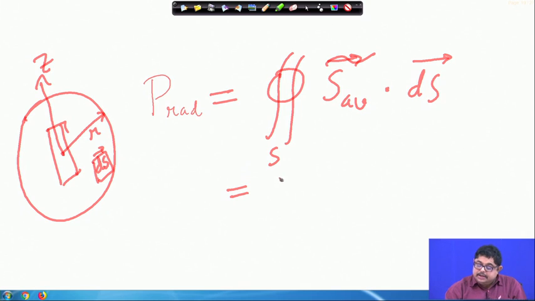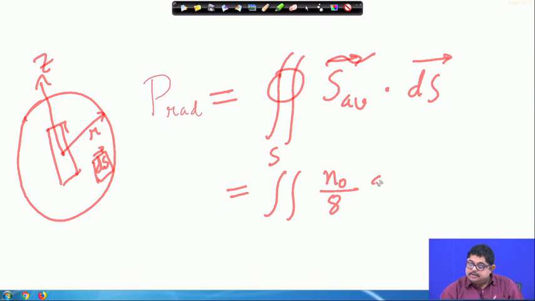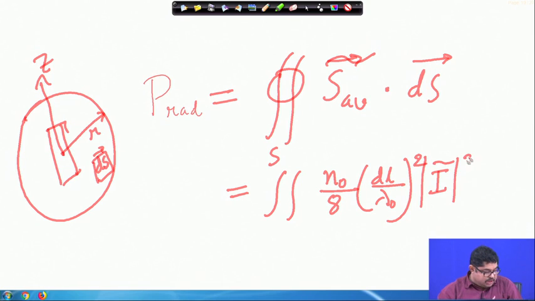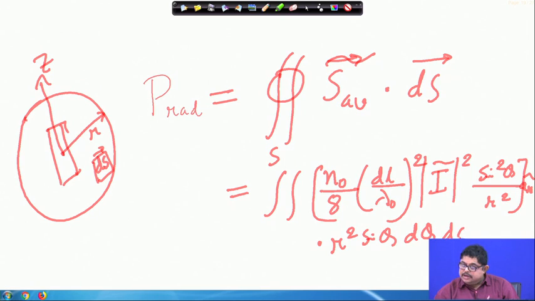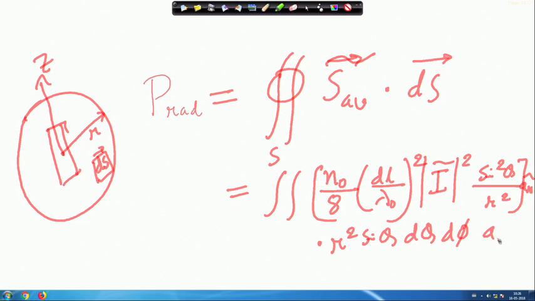So, I can write that S average will be, as we have already found, eta naught by 8 times dl by lambda naught square, I square sin square theta by r square, in the AR direction. The dot product with the ds vector, r square sin theta d theta d phi AR, where d theta means 0 to pi integration and d phi means 0 to 2 pi integration.